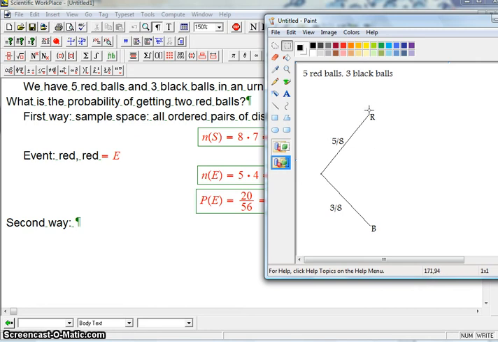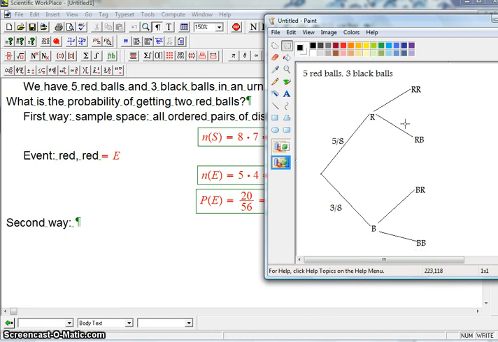Now I extend that tree to be the 4 possibilities: red, red up here, and red then black here, and let's say black then red here, and black, black here.